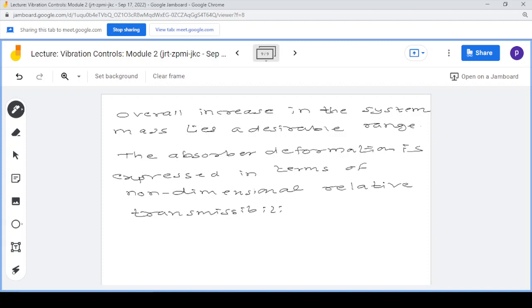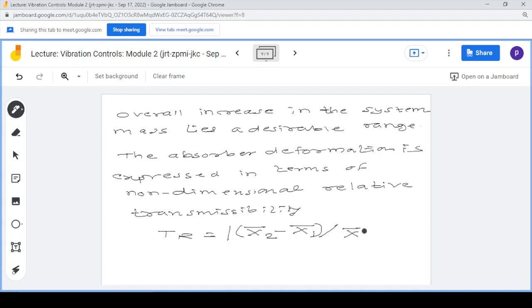And how is it expressed? This non-dimensional relative transmissibility TR is expressed as mod of x2 minus x1 bar divided by x bar.